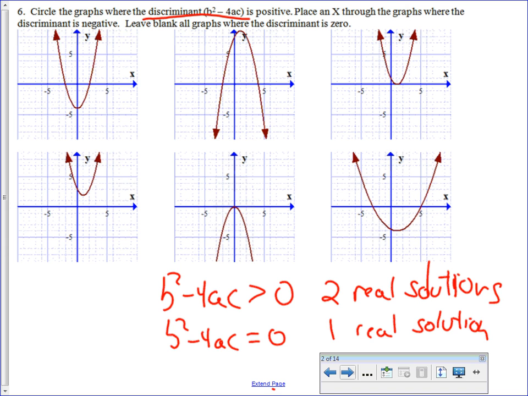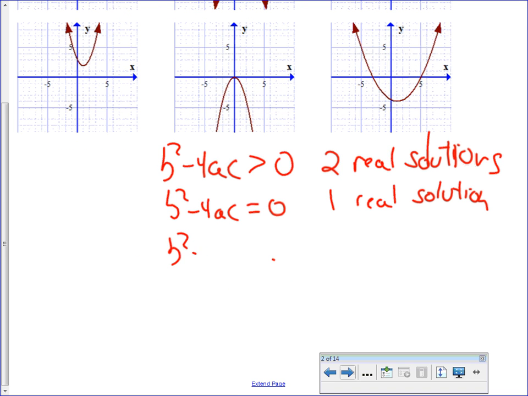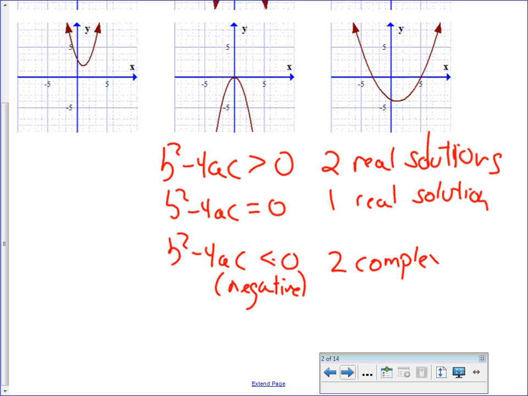And if b squared minus 4ac is less than 0, which remember means that it's negative, then there are two complex solutions. Means they contain i.